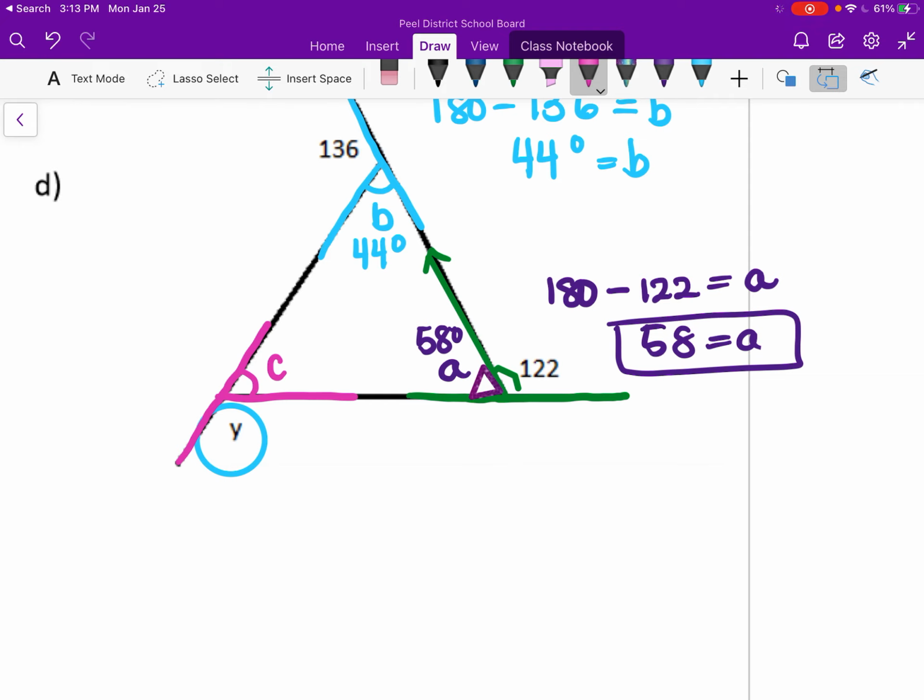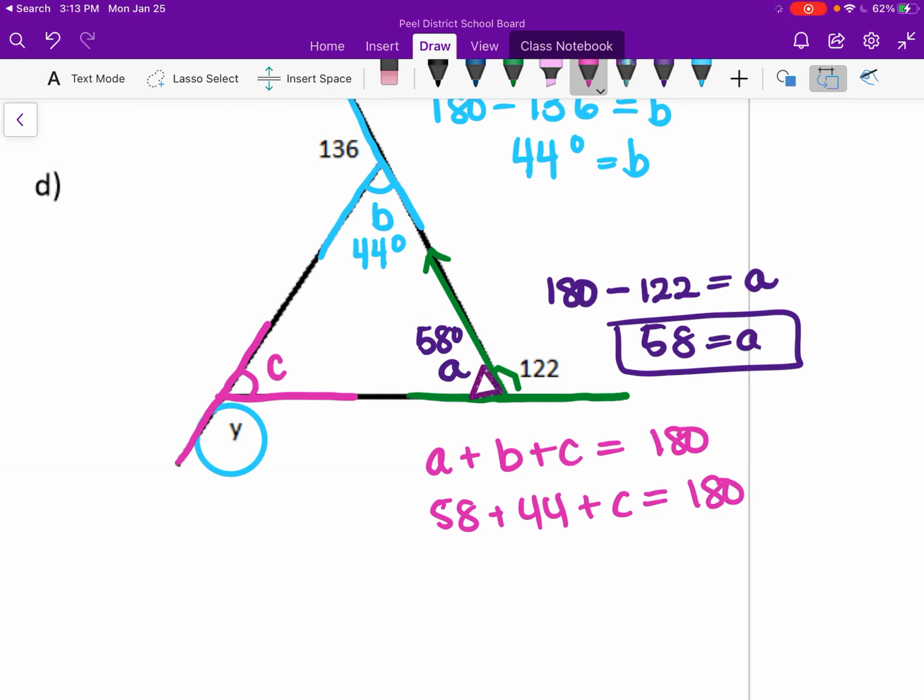So let's find C. I know that the inside of this triangle, everything's going to add up to 180. So A plus B plus C is going to give me 180. I have A, which is 58, I have B, which is 44, plus C, which I don't know yet, is going to be 180. So let's just do that math.